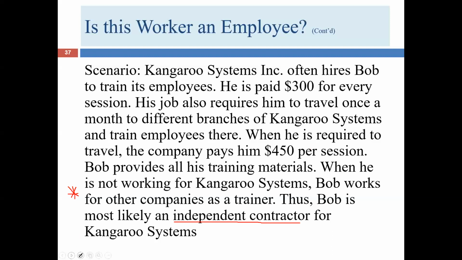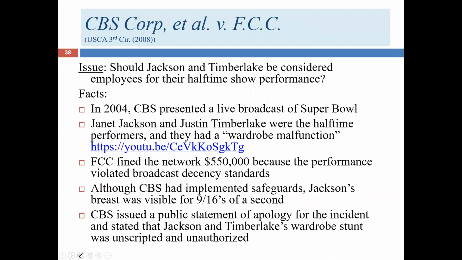So if you happen to be charged with doing this analysis, yes, look at your 20 factors, look at the common law test to come up with lists of questions to ask. And there's going to be a lot more than 20 questions to ask. So you can drill down into the minutia and figure out all the things that you need to figure out to get as full a picture of Bob's employment as you can.